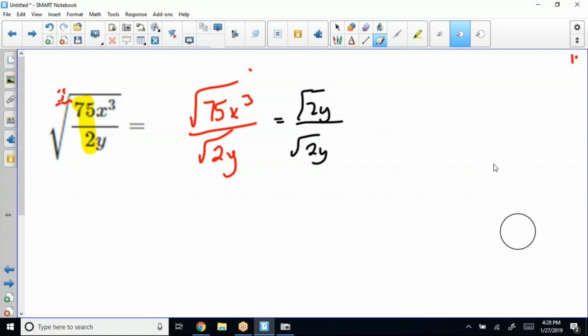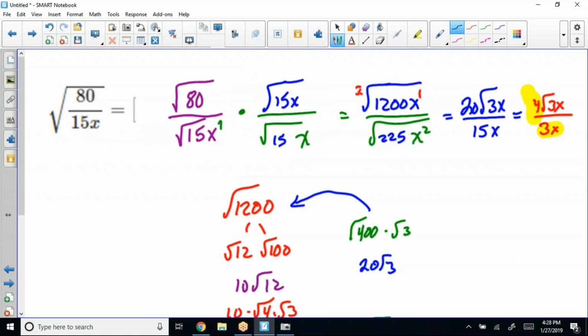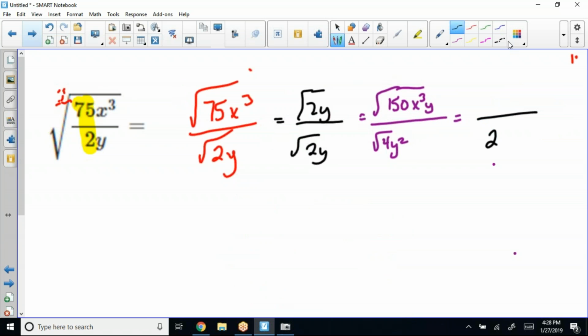This would give us 150 x cubed up top, y, all over the square root of 4y squared. Now, that cancels down to 2y.